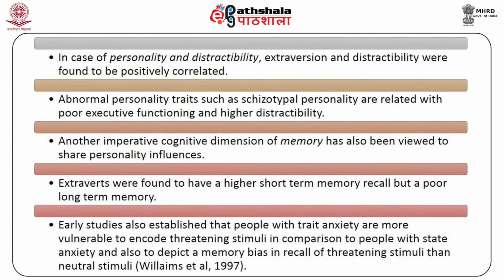In case of personality and distractibility, extraversion and distractibility were found to be positively correlated. Also, neuroticism and anxiety were found to depict higher distractibility. Abnormal personality traits such as schizotypal personality are related with poor executive functioning and higher distractibility.